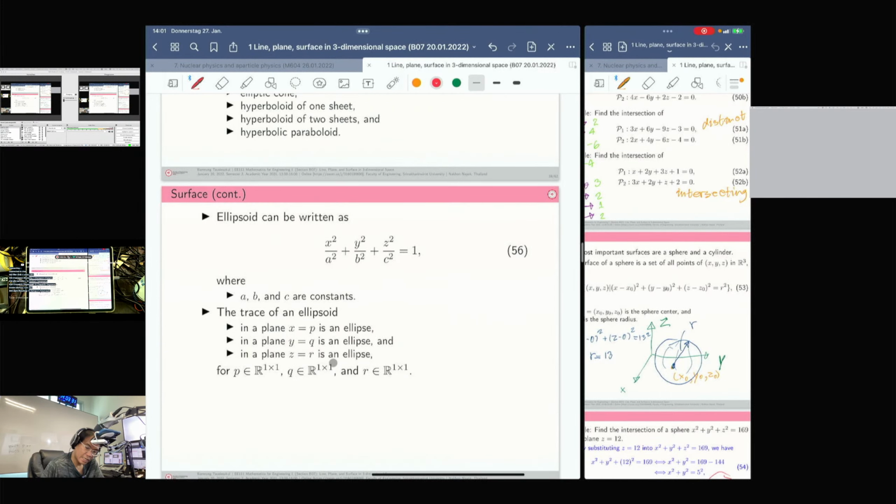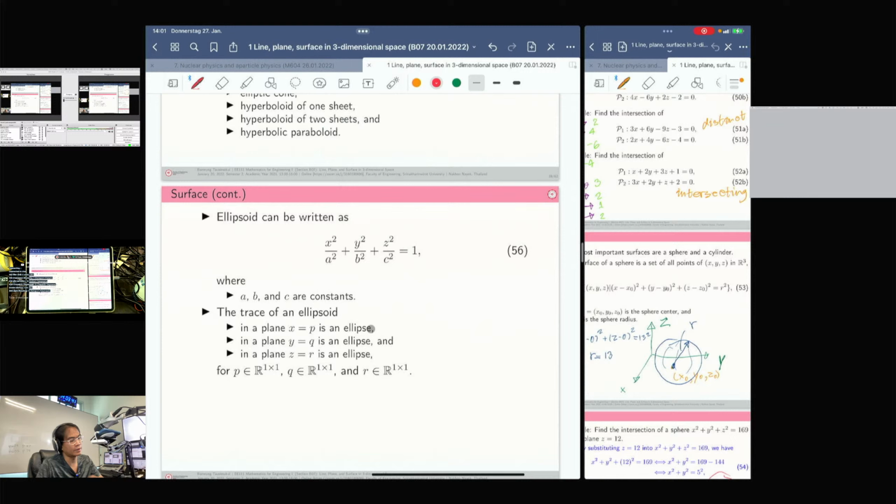The trace of the ellipsoid on the plane x equal to p is an ellipse. You know ellipse, right? If not, we're going to bring you to ellipse.